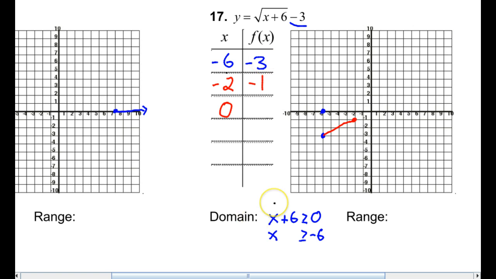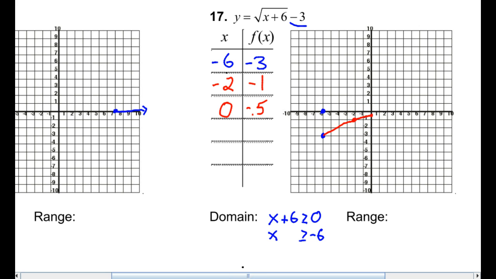Let's try that out. So what's the square root of 6? 0 plus 6 is 6. Square root of 6 equals 2.44, minus 3, is -0.5, and we'll round to the nearest tenth. So right about there.